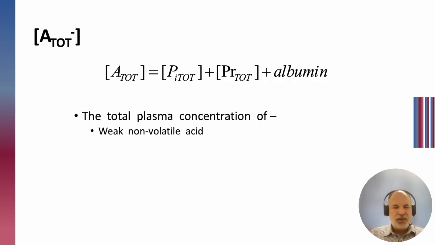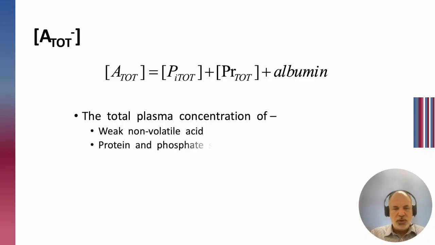And again, if we think about the total or all of ATOT, the amount of variation we see in phosphate is relatively small and would not account for any big acid-base disturbance, but albumins can change fairly substantially, particularly in the setting of critical illness.